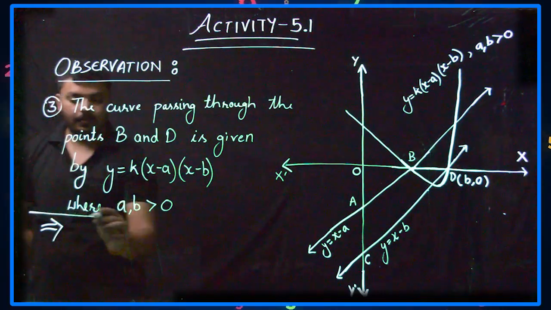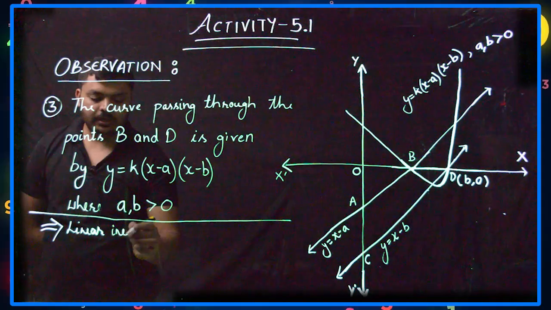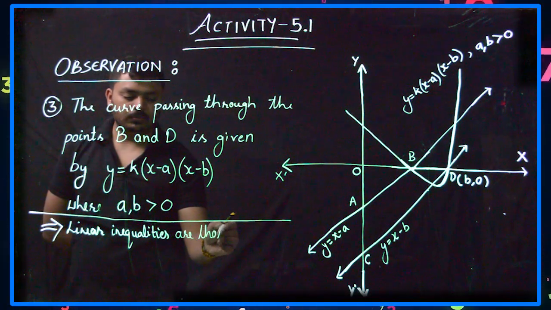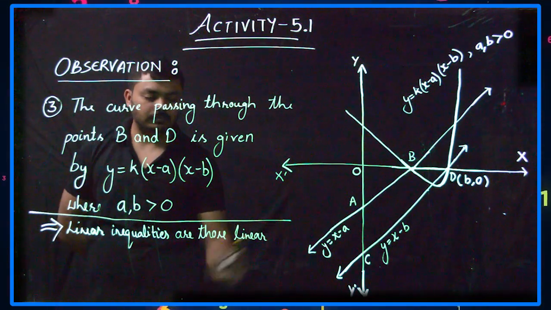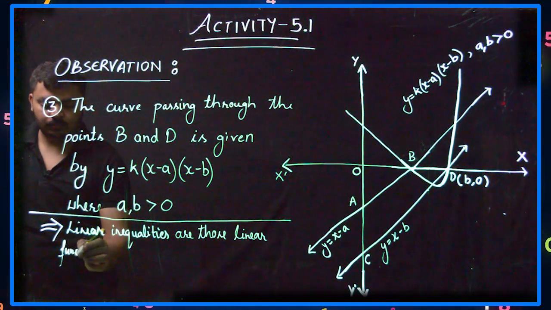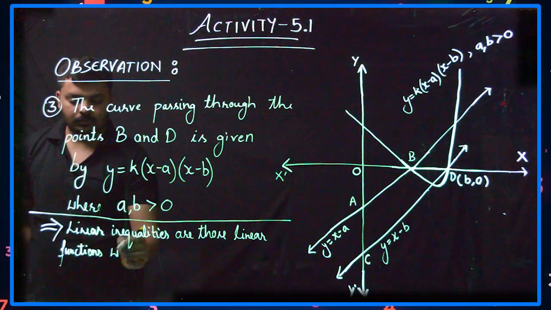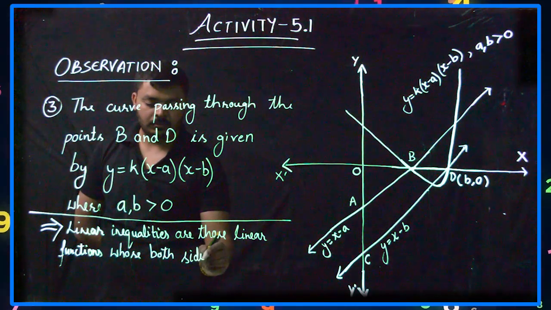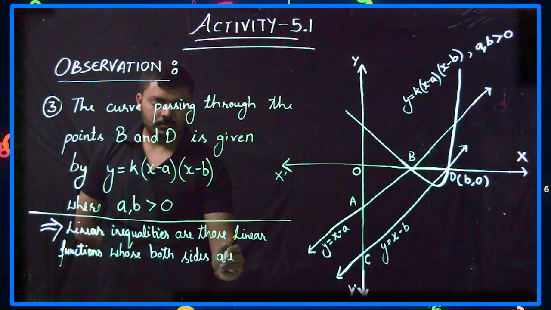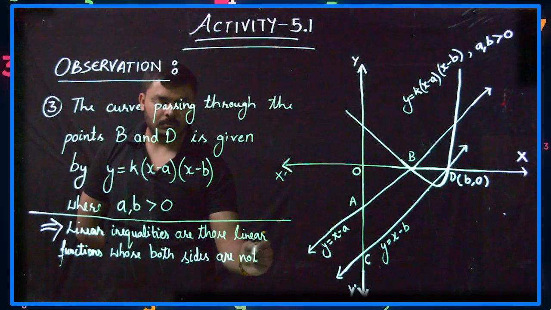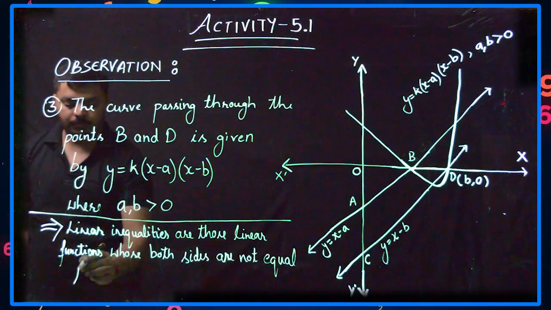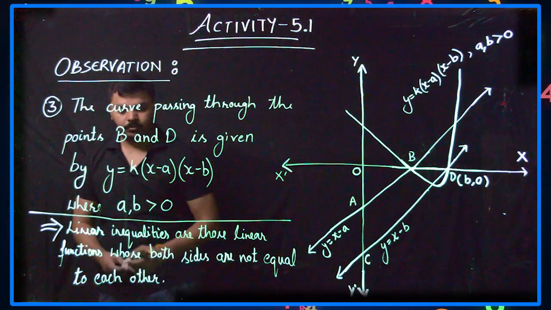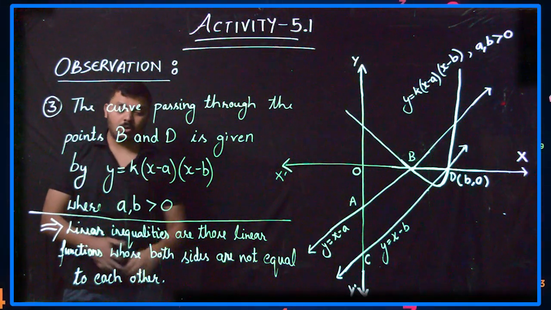Hence, we conclude that linear inequalities are those linear functions whose both sides are not equal to each other.